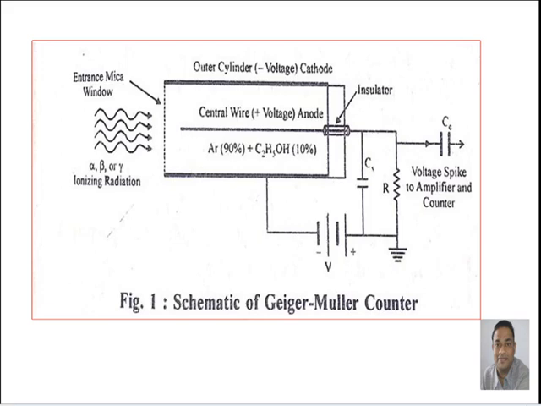See the outermost cylinder, it is a metal case, and exactly through the axis of that cylinder we have a thin tungsten wire whose diameter is of the range of 10 raised to the power minus 2 centimeter. The outer metal case acts as a cathode, while the central tungsten wire acts as an anode.